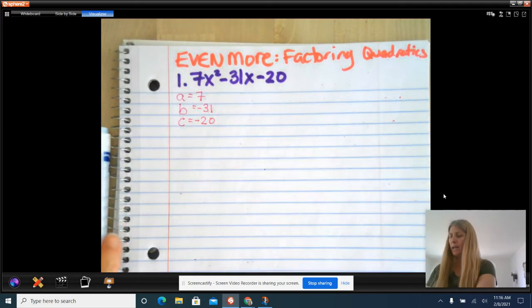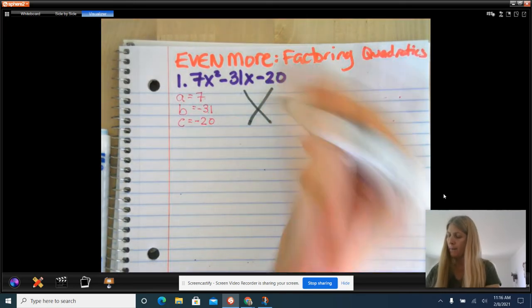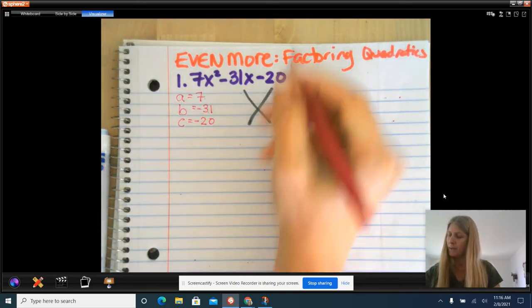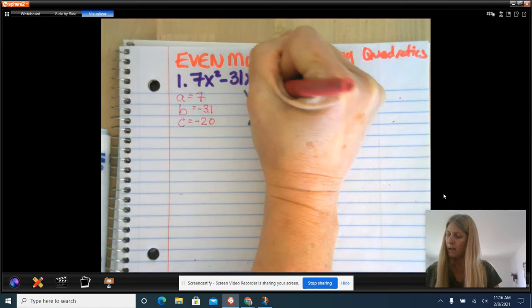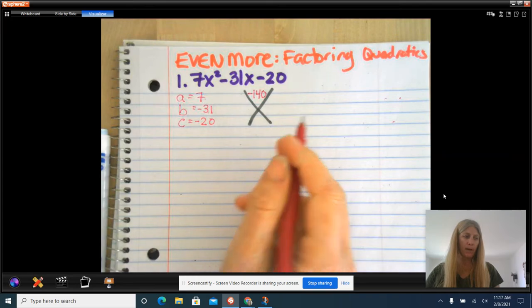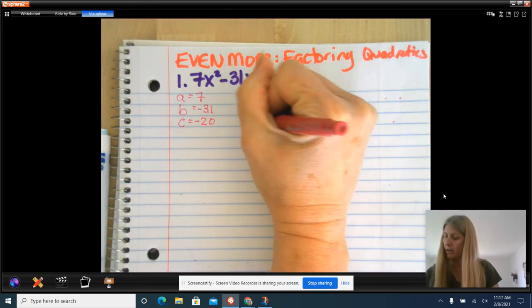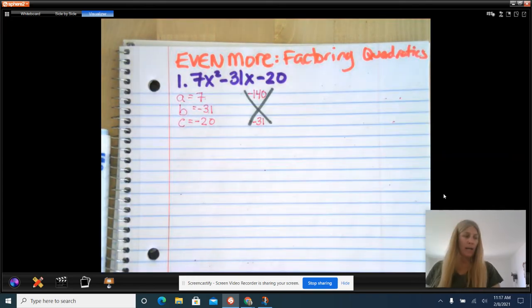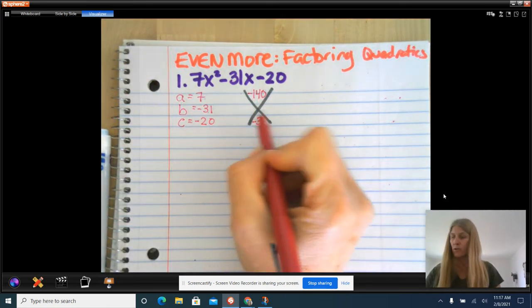So I'm going to put that into my diamond problem. I'm going to multiply A times C, which is negative 140 for my top portion, and B on the bottom is negative 31. Now I'm going to figure out exactly what my side answers are going to be.